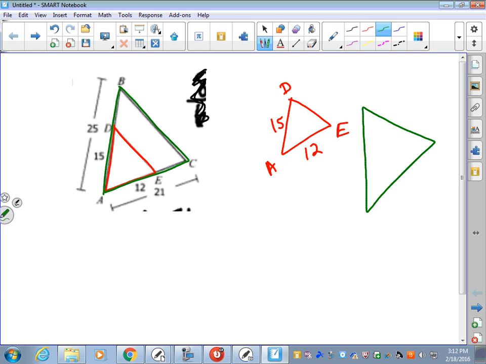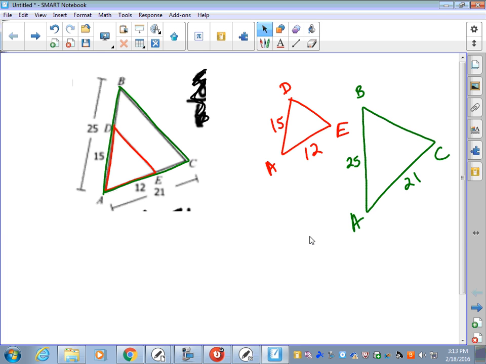I need you to draw both on your paper on the back. And then we're going to label the parts. I know one side of the triangle ABC is 25, and another side is 21. So whenever you have triangles that are on top of each other or intersecting, we have to redraw them and separate them.